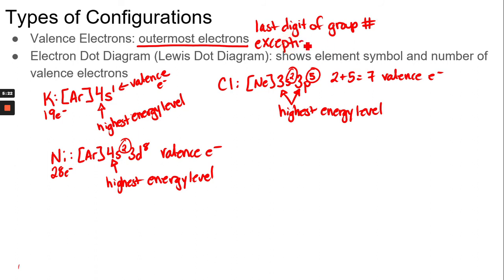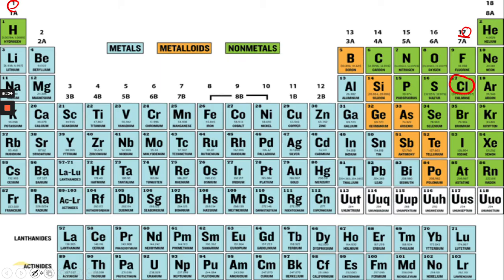So except the D block has 2 electrons. So it's the last digit in the group number except for the D block, which has 2 electrons.